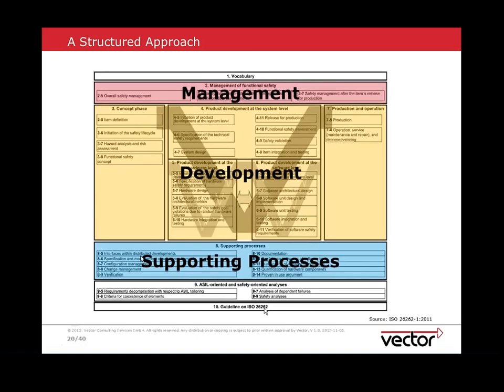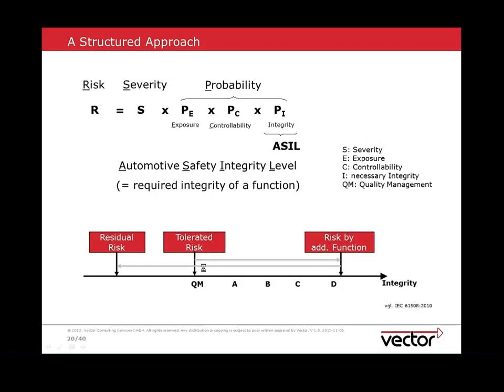We split that into 3 major topics, which is management, development, and support processes with the details I was just giving. A basic concept, which is the ASIL classification, relates the typical risk calculation of severity and probability into 3 dimensions, which is exposure, controllability, integrity. And the integrity is, if you want, the counterweight to an increasing exposure and less controllability and higher severity.